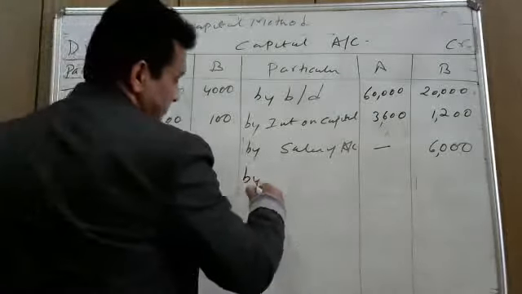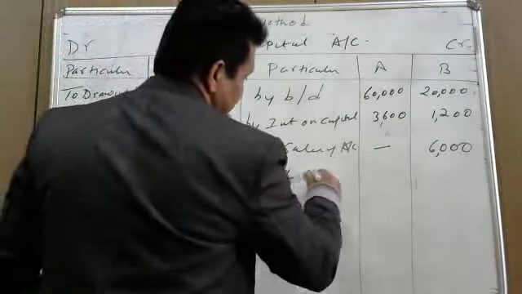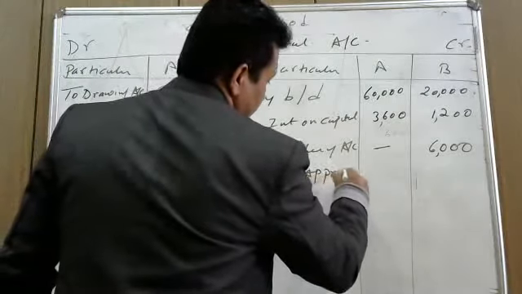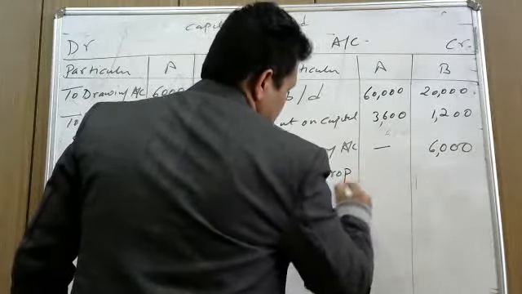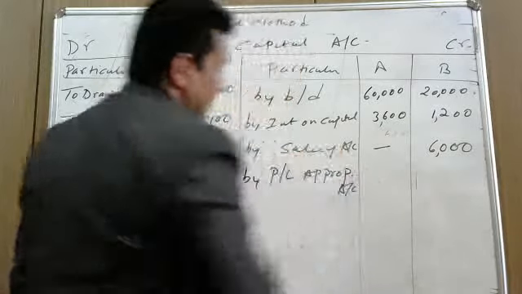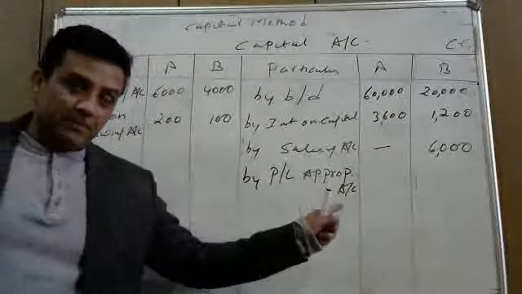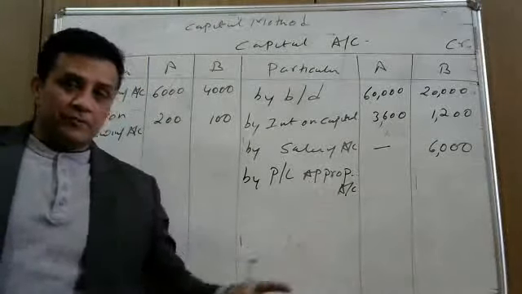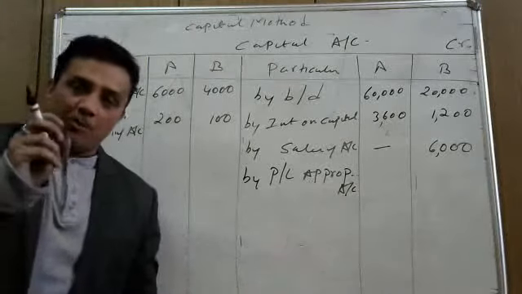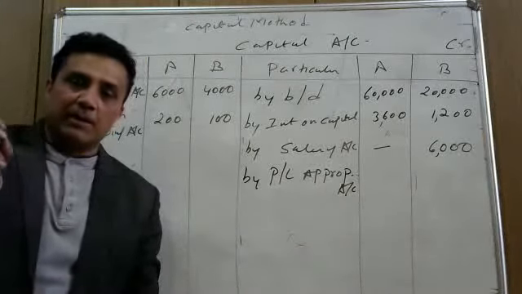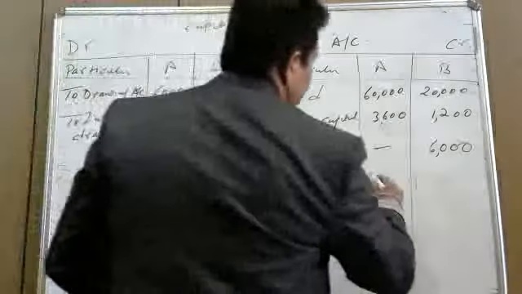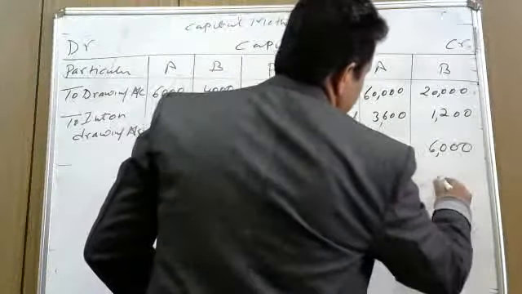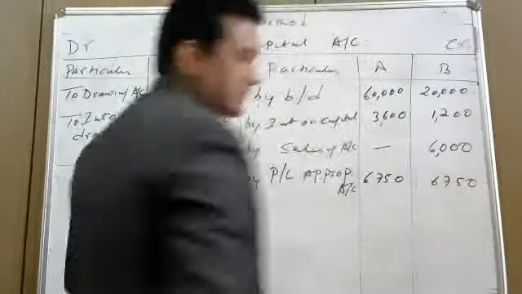We need to write profits by P&L appropriation account. By P&L account, they are getting profit. We prepare the P&L appropriation account. From the P&L appropriation account, we get how much the net distributed amount of profit to A and B. So A's share of profit is 6,750 and B's share of profit is 6,750.